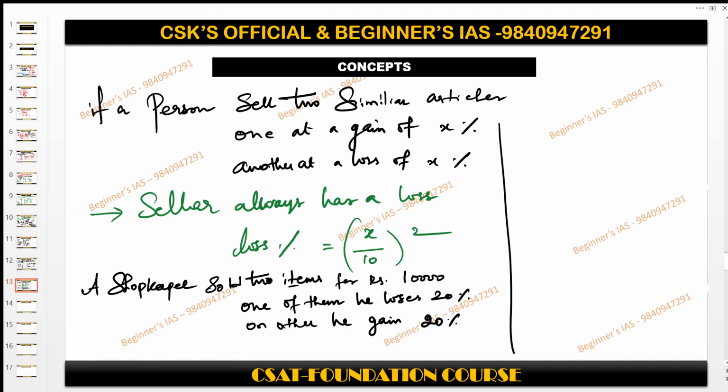Now the thing is, the gain or loss percentage in the net transaction. Net means overall.